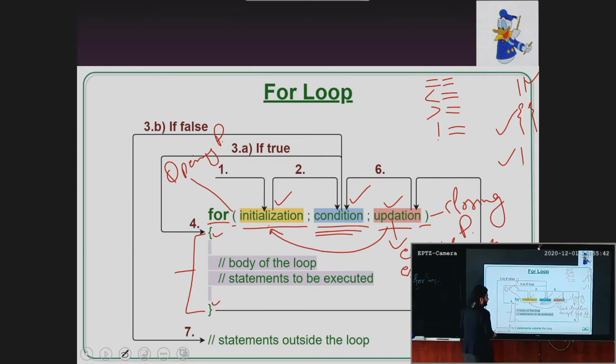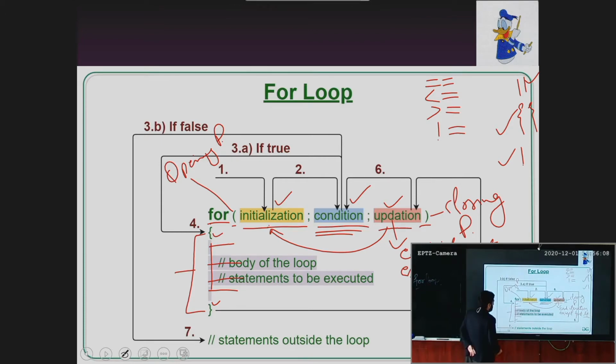You may or may not introduce them when you want to code a single line statement. Otherwise, if you want to have multiple statements in the body of the for loop, then it is a must and necessary to introduce the curly braces in the body of the for loop.